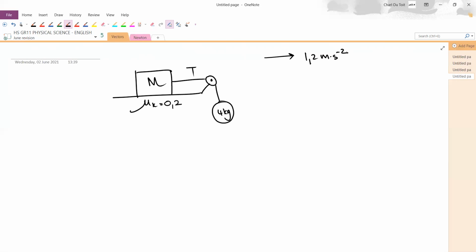Okay, it's kinetic friction, therefore it is moving. But I have a coefficient, I don't have the friction. Then the acceleration is 1.2 meters per second squared. So I'm just going to write here A equals to the right.